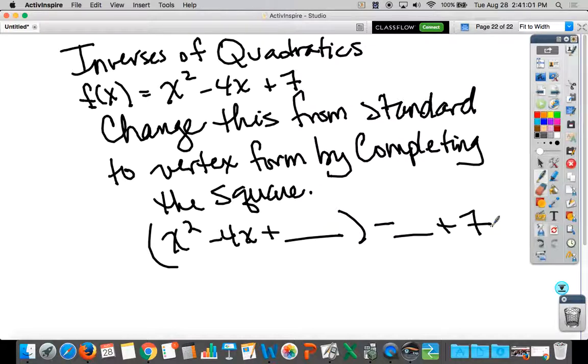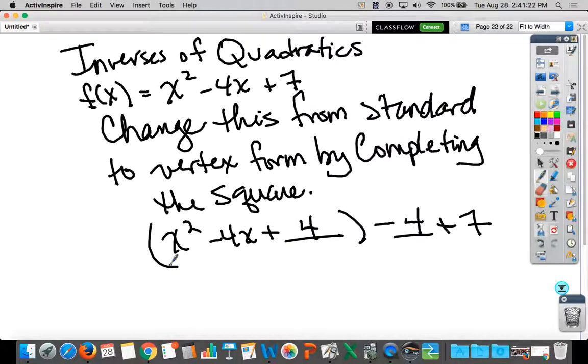So when we complete the square, we expand, put our x terms in parentheses, put plus blank minus blank. Now what goes in the blank? B over 2 squared. My b is negative 4, divided by 2 is negative 2, squared is 4.